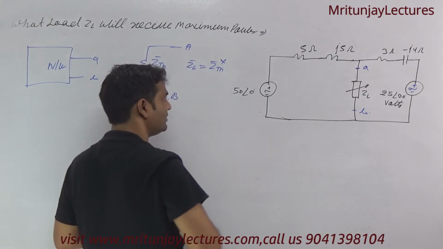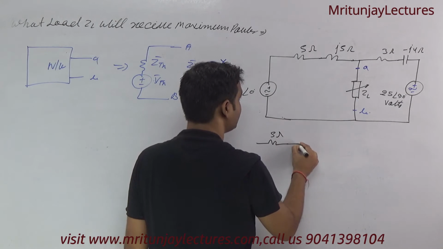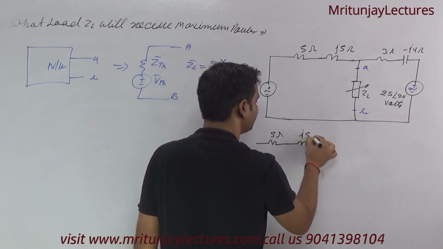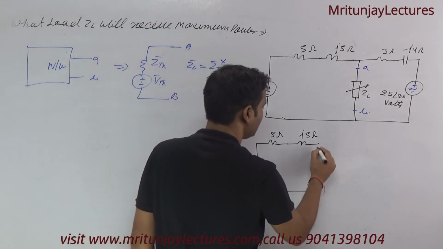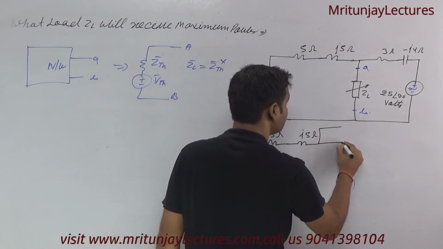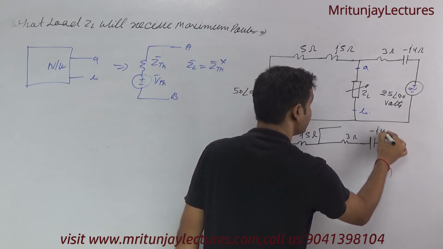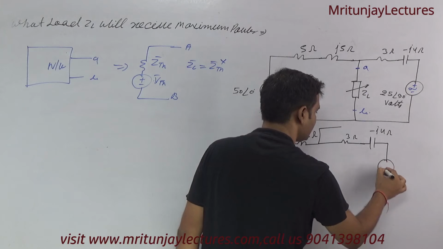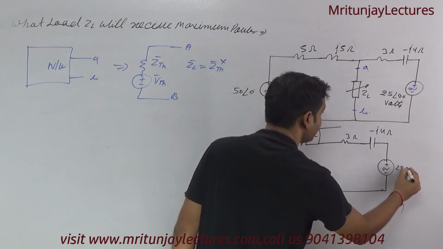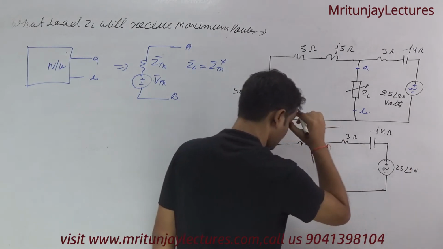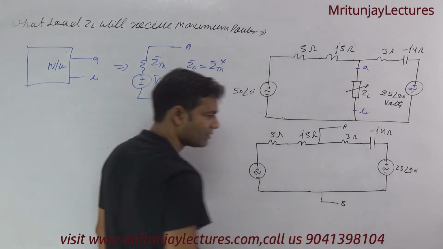That is 5 ohm, and this one, whatever be the method, and 3 ohm, that is minus J4 ohm, and plus minus this one 25 at the angle 90 degree. That is A and B.